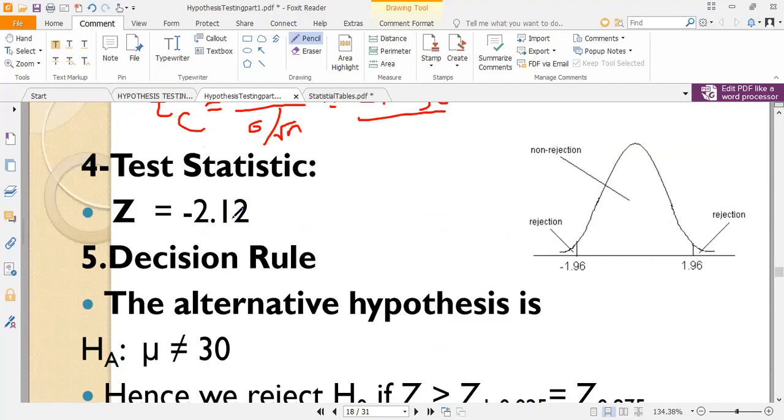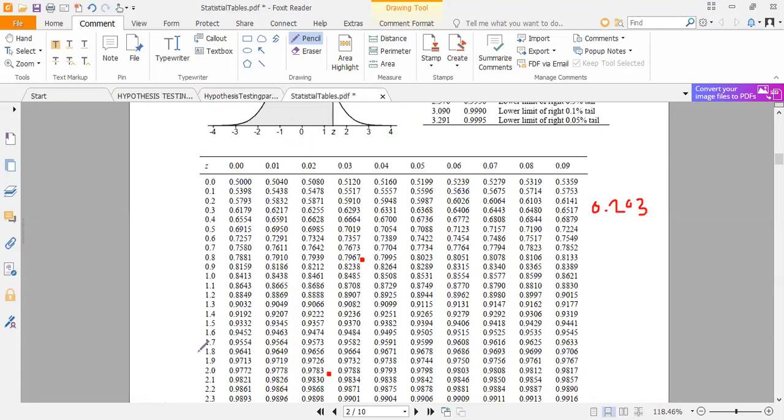Whether using Z or T at the moment, the given population sample size is okay. The key thing is the decision rule. We are going to compare this. When you read it inside the table, you go under negative 2 or 2.12. So check under 2.12, you're going to get what? 0.9830.